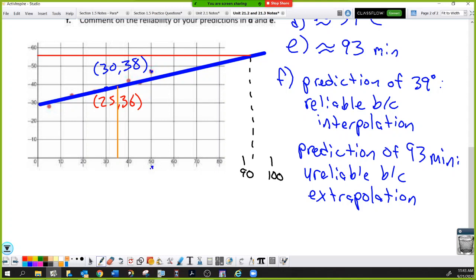So if you guess a time that's less than 50, then you know the car should be somewhere below the maximum temperature we saw at 50 minutes. But like you said, temperature can't go up forever. At one point in time it is going to peter off, and that is why extrapolation is dangerous. The closer you can get to the last value in the range, the more accurate your extrapolation would be, but it's still extrapolation. And because of what you just said, that's why extrapolation is not highly reliable.